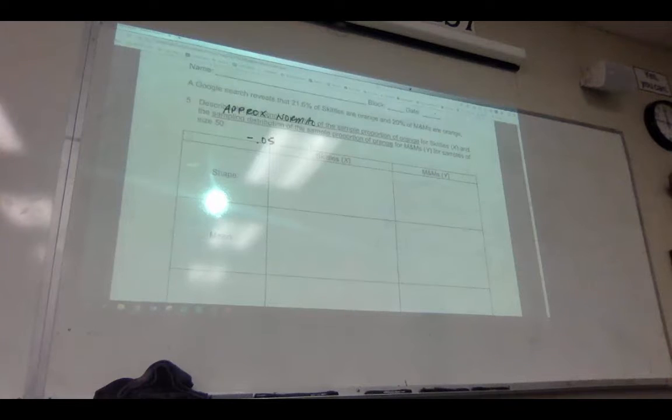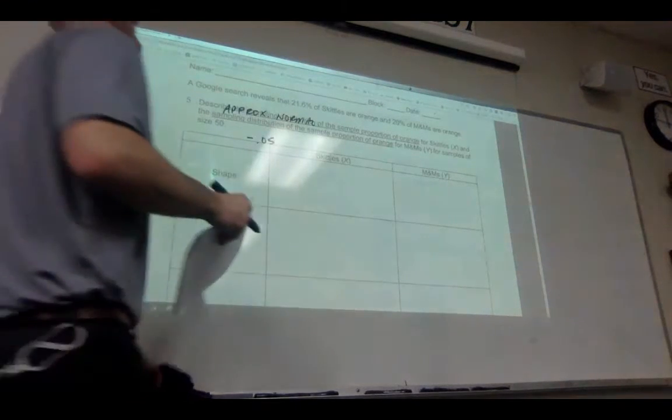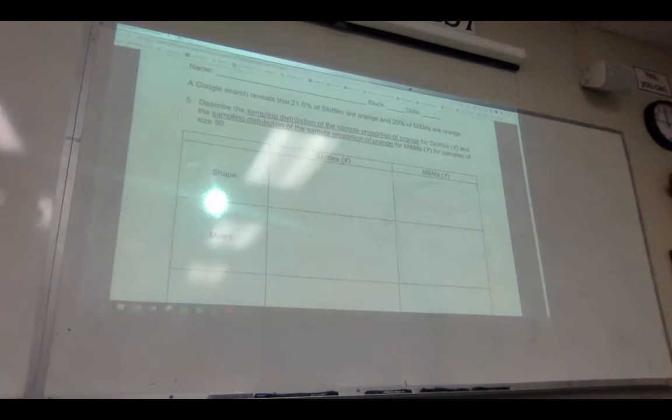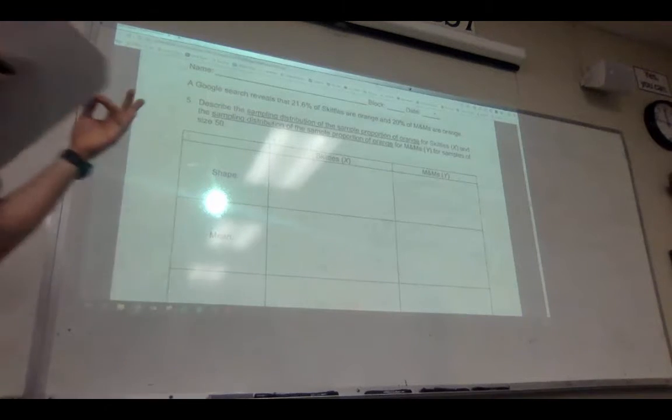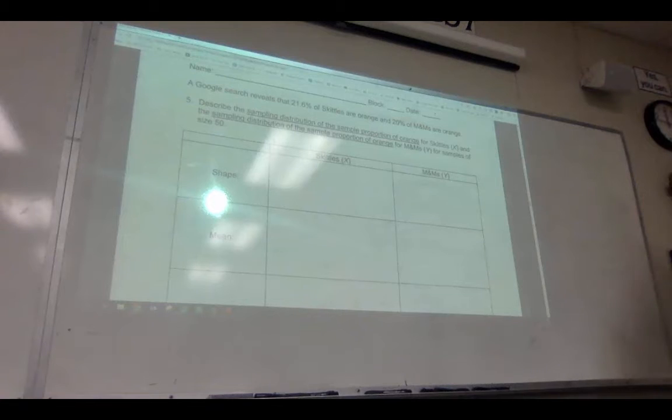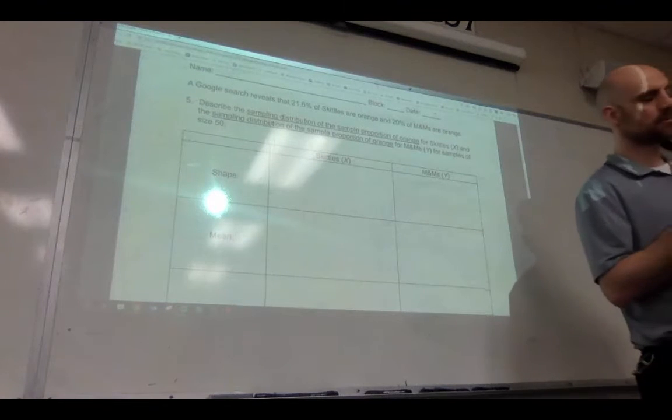Why in the world would we take this sample or a bunch of samples and then plot them on a line here? What are we trying to compare to? So a Google search reveals that 21.6% of Skittles are orange and 20% of M&Ms are orange. Describe the sampling distribution of the sample proportion of orange for Skittles, X, and the sampling distribution for the sample proportion of orange M&Ms, Y, for samples of size 50.